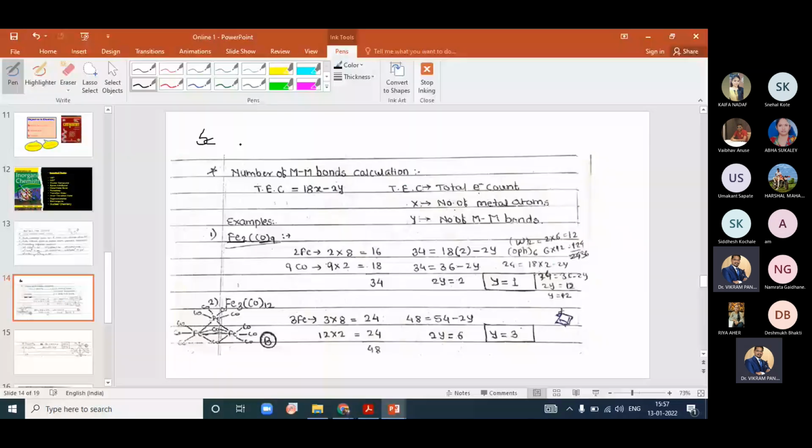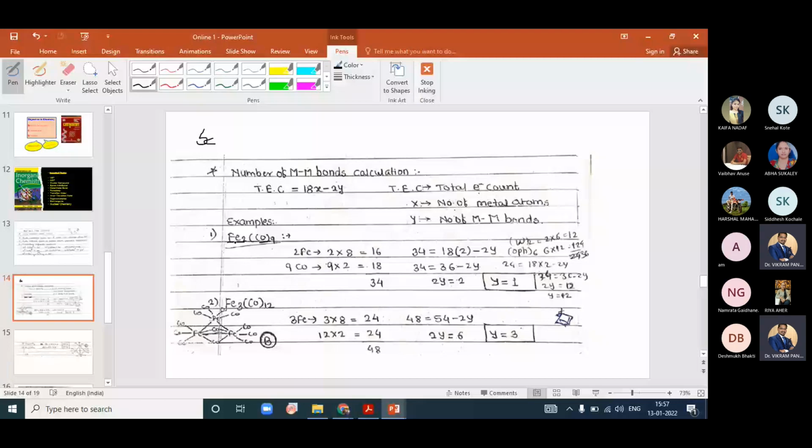Such tricks are there for the d block. If you go from scandium to d6, you will find iron, and two electrons you have to add from the first series. So you will get a d8 system.